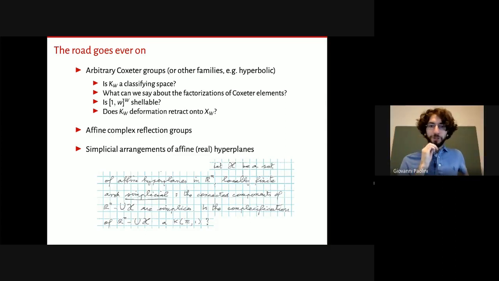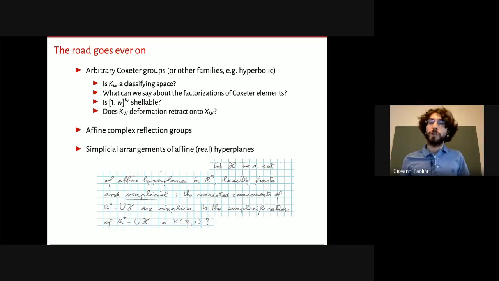The third direction was suggested to us by Pierre Deligne, and it asks if you can drop the hypothesis of coming from a reflection group, so taking a more general so-called simplicial arrangement of hyperplanes.